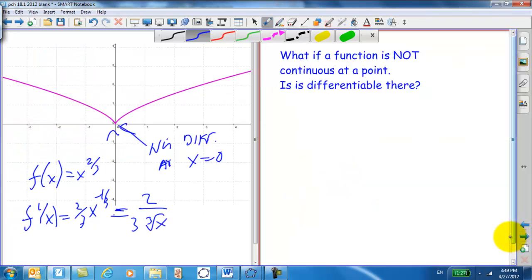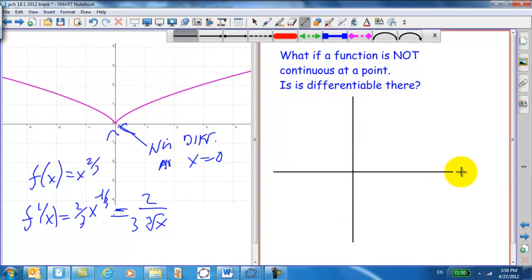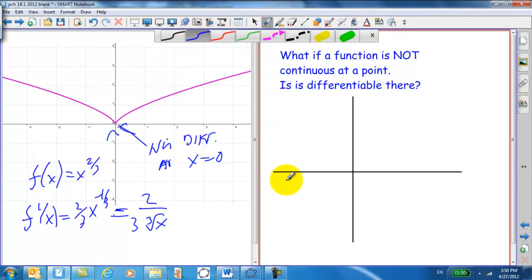Now what if a function is not continuous at a point? Is it differentiable there? So imagine I draw a function like this. Let's get some axes on here. And then let's draw on our function and say the function looks like this. So the function is defined everywhere.